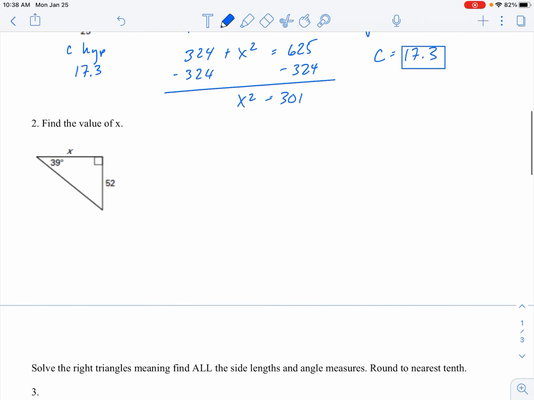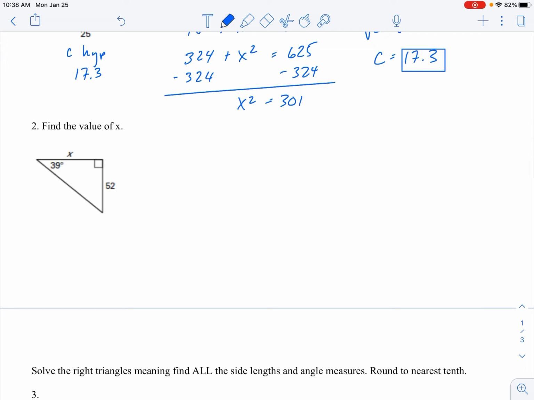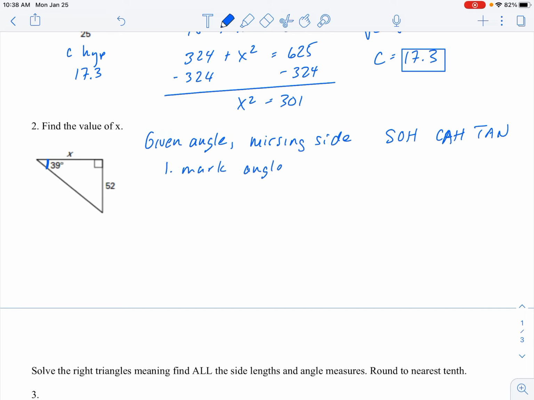Okay. In question 2, I am given an angle and I'm missing a side. And in a question like this, I'm going to use either sine, cosine, or tangent. So my first step would be to mark the angle and then label the sides.